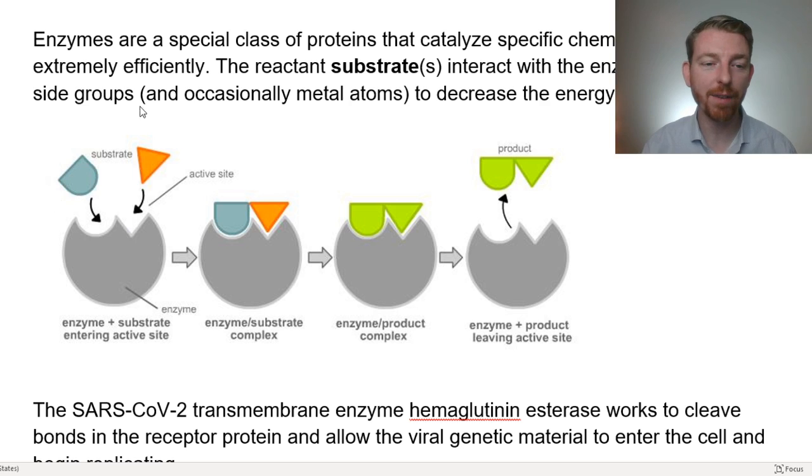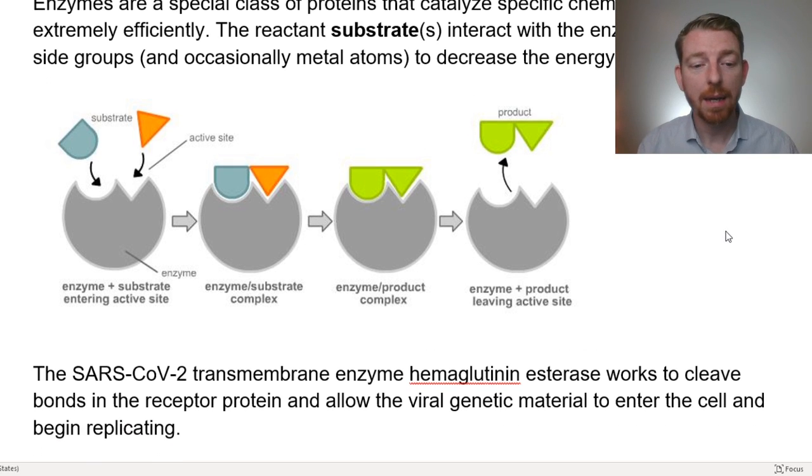So it has a high affinity for the substrates, a lower affinity for the product, so that once this chemical reaction is made, the enzyme can let go of it. Just enzymes in a nutshell. These are, like I said, very, very effective catalysts.